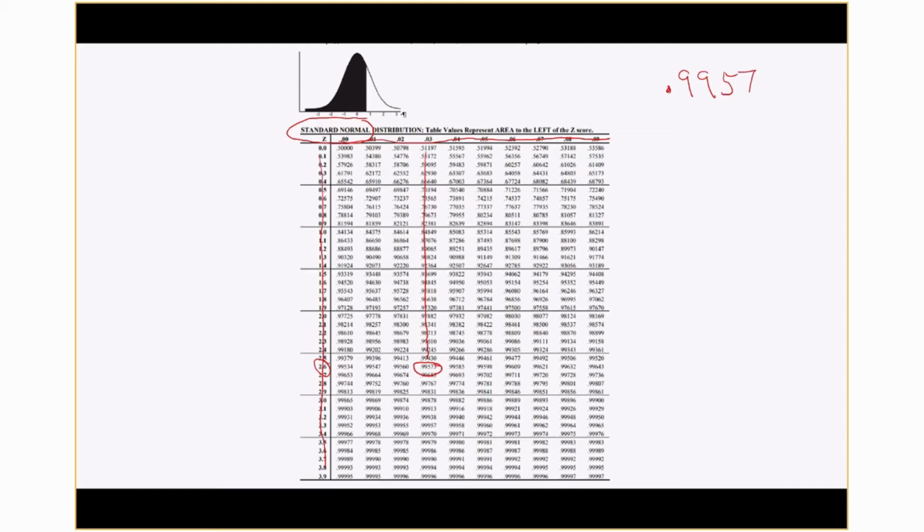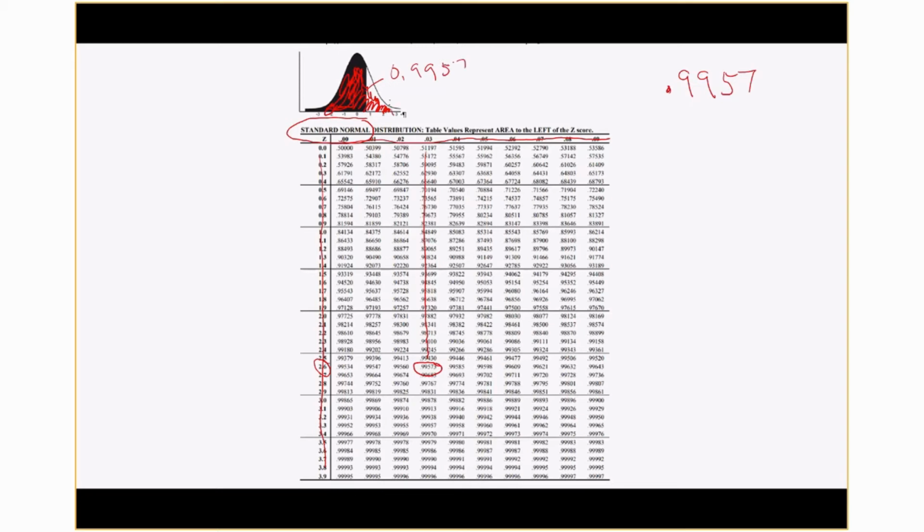So what does that mean? That means that if our Z value is actually 2.63, and I'll draw it in here, there's a value of 2.63, and we consider all this area here, that corresponds to 0.9957.